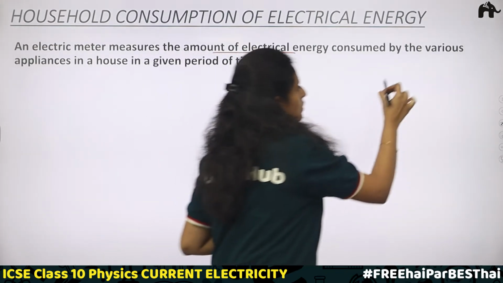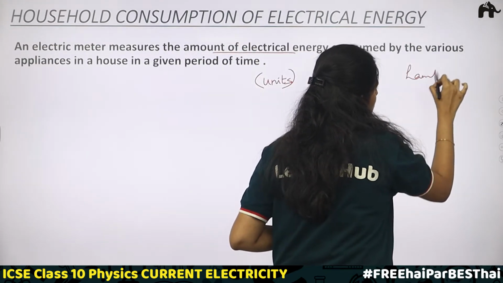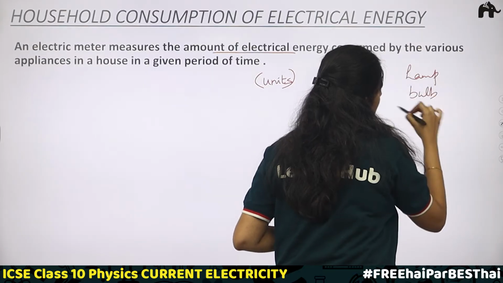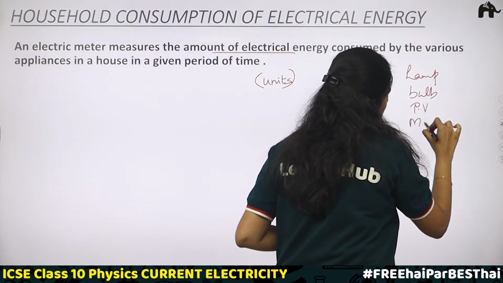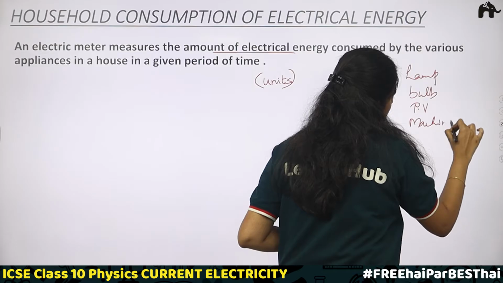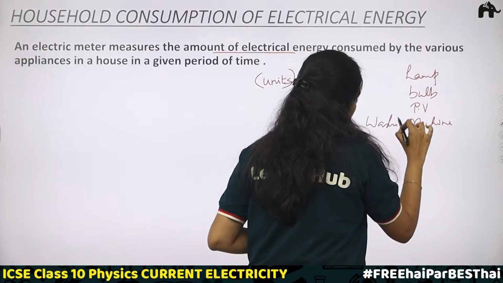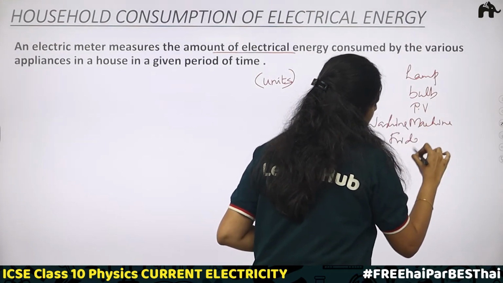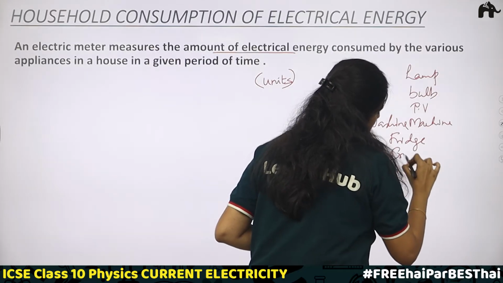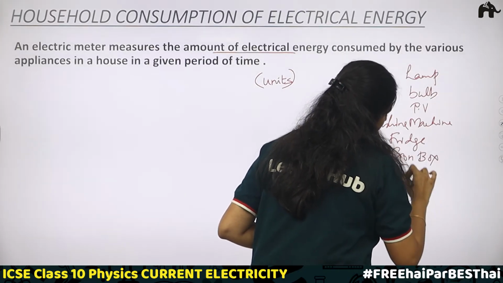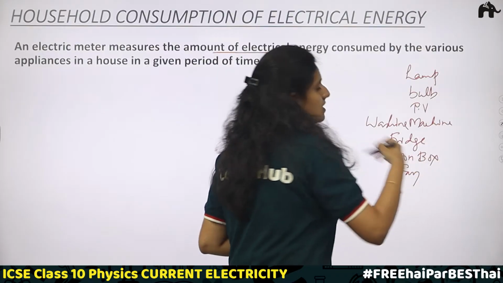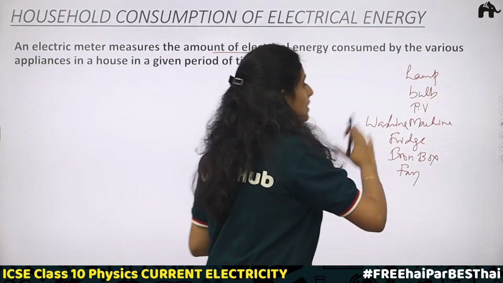In a house you will have a lamp, a bulb, a television, a washing machine, a fridge, an iron box, a fan. All these devices consume electrical energy, that too in different amounts.